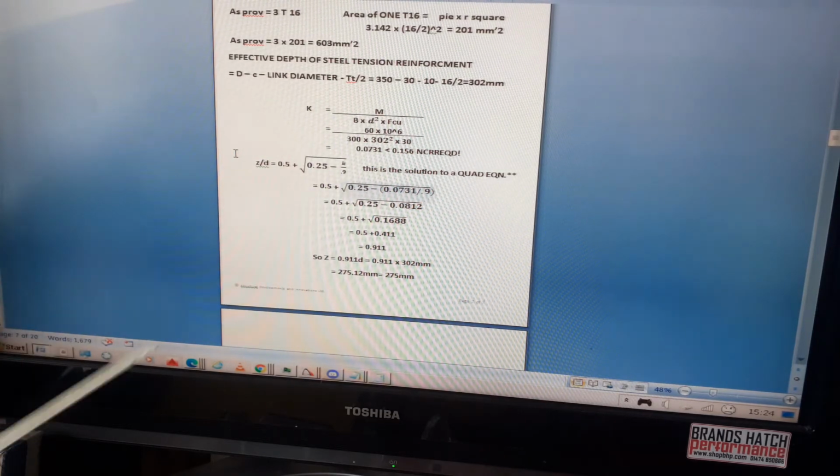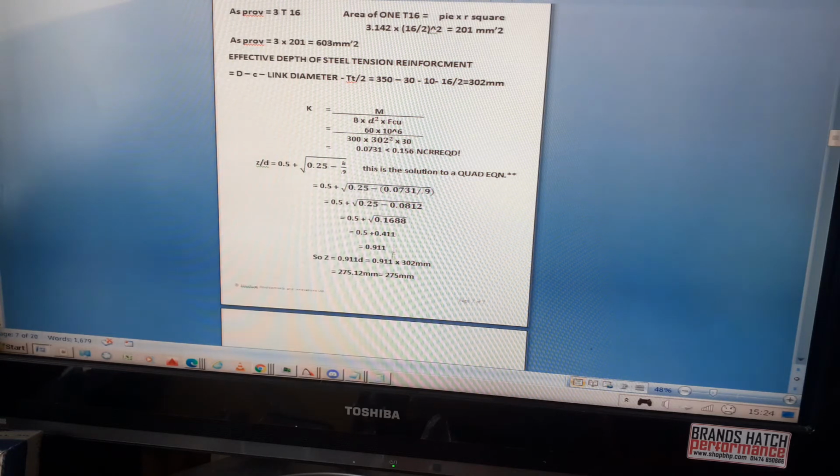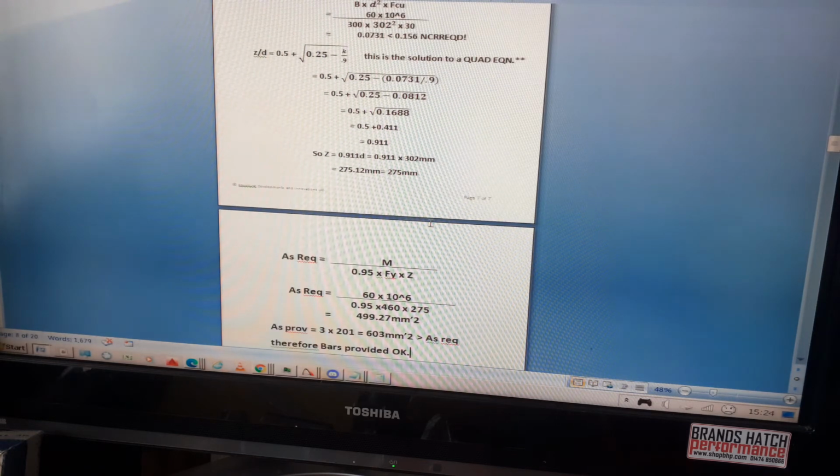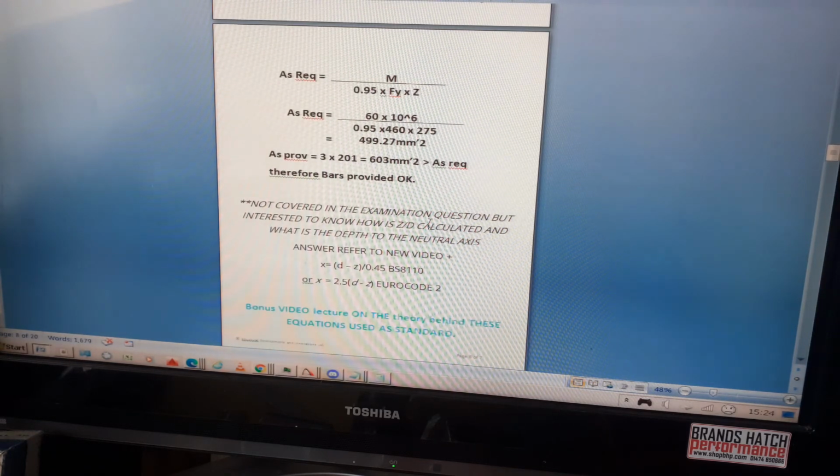So now I've done some further research and I've found out how this is calculated as per BS 8110. So I'll do a separate video on that. I also found out that according to BS 8110, X, which is the depth of the neutral axis, is D minus Z divided by 0.45.